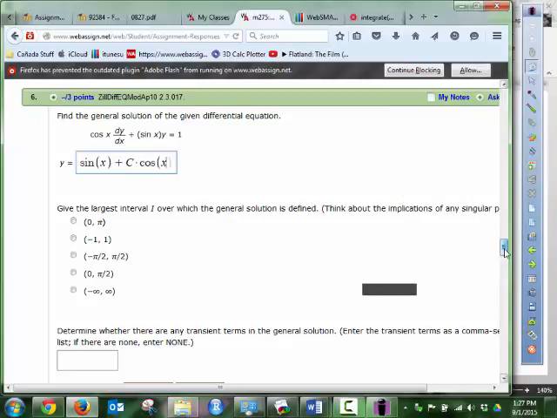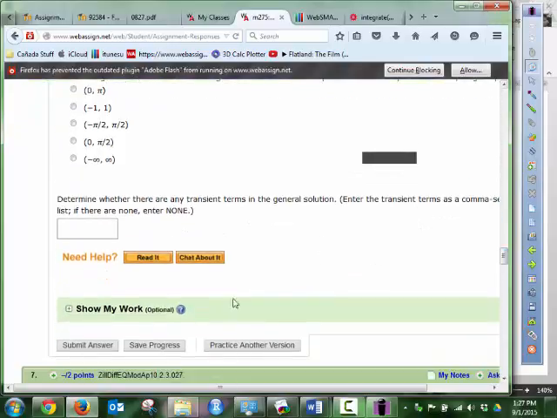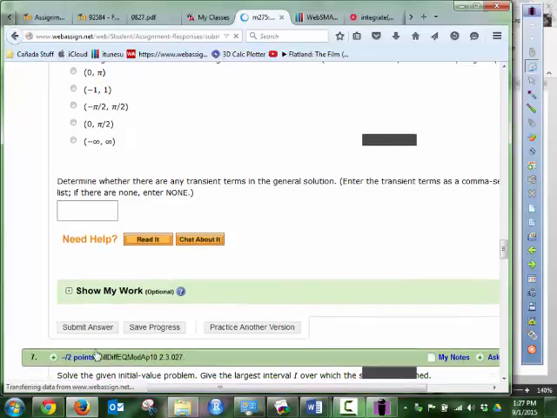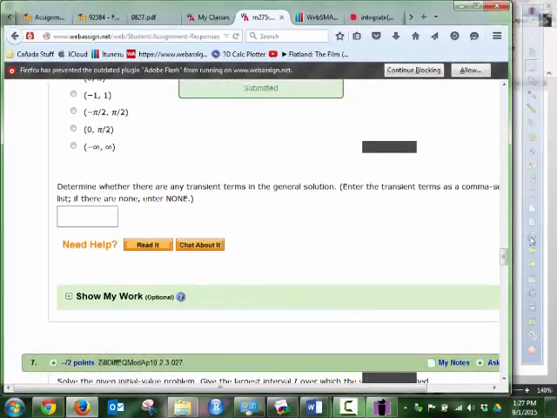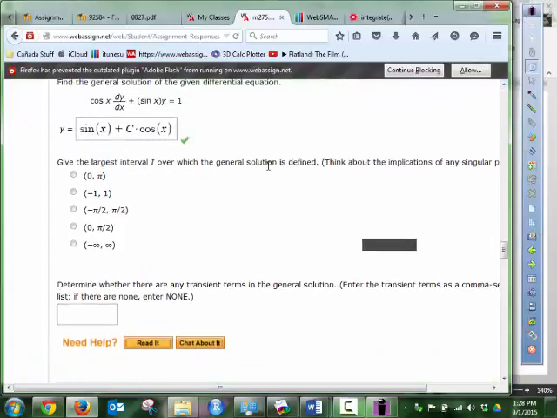And they have other questions here too. Is that right? Okay, so that worked out okay. Give the largest interval over I on which a general solution is defined.